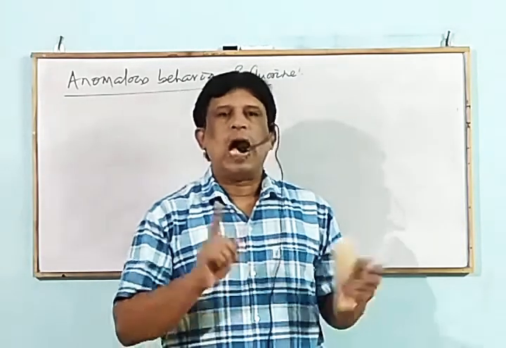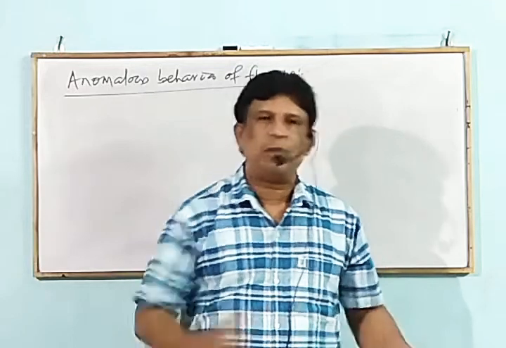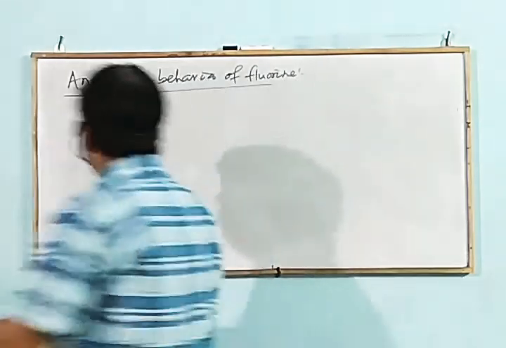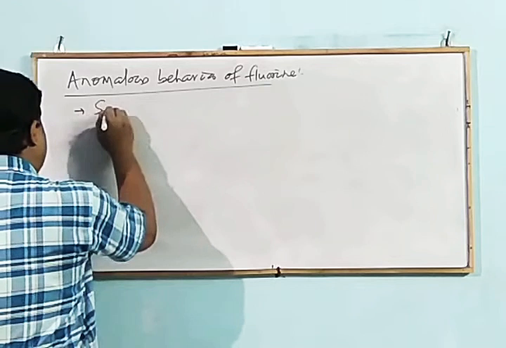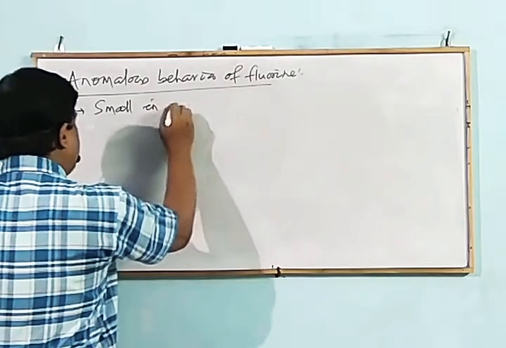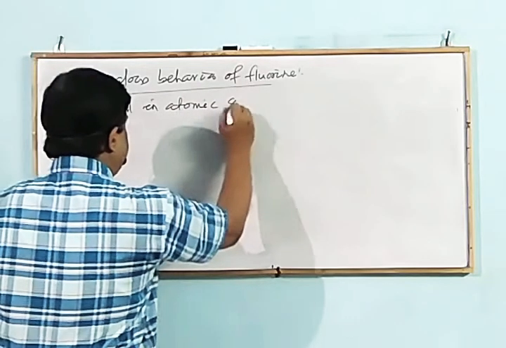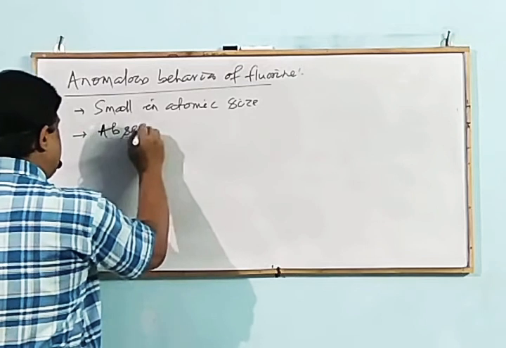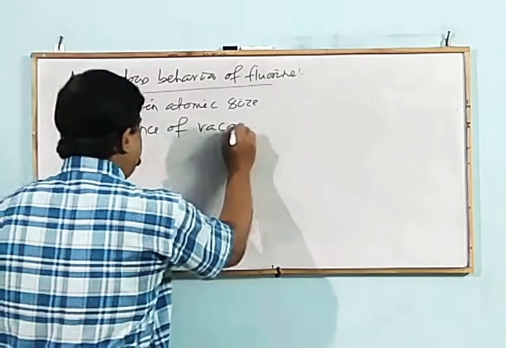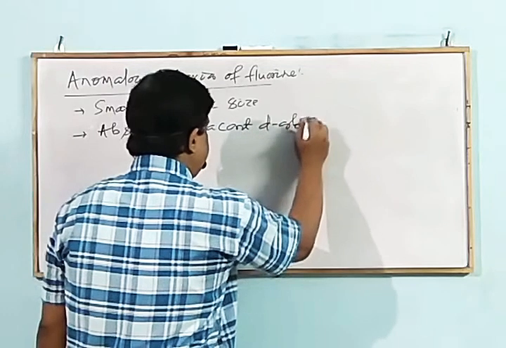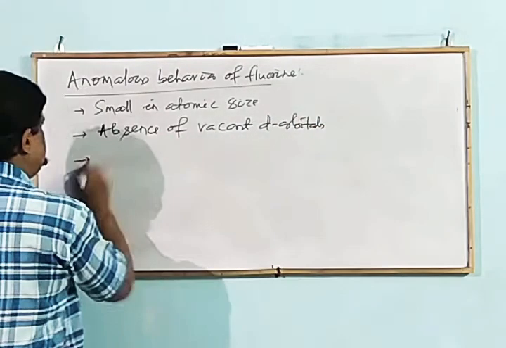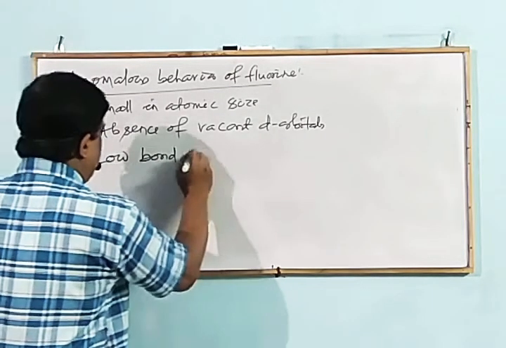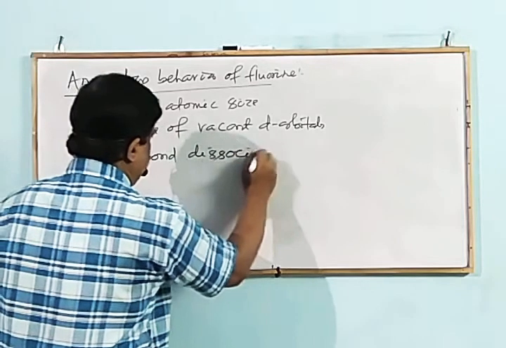Part 1. The anomalous behavior, abnormal behavior, different behavior of fluorine is due to the following points. Point 1, small atomic size. Point 2, absence of a vacant d orbital. Next, low bond dissociation energy.